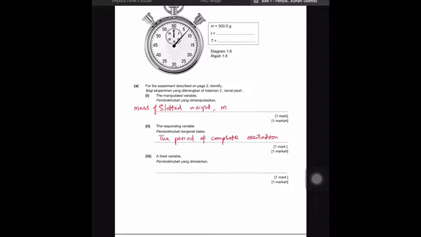It might be the length of the spring, the stiffness of the spring, the diameter of the spring, or the spring constant.